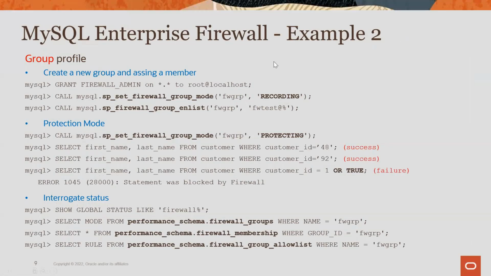So first of all, we are going to create a new group, and then assign a member, firewall test. Then in the protection mode, we have 2 statements that are executed and 1 that is blocked. So very, very similar to using just account profiles.